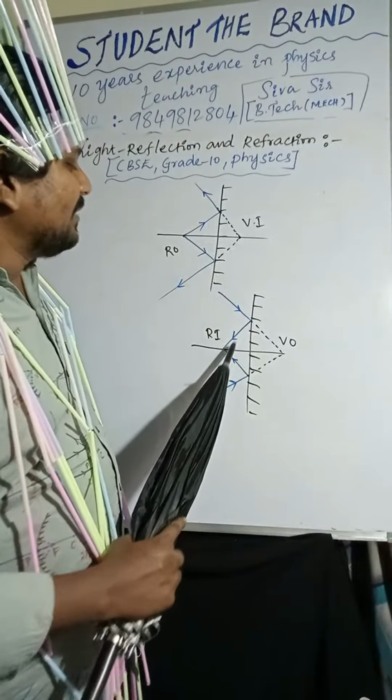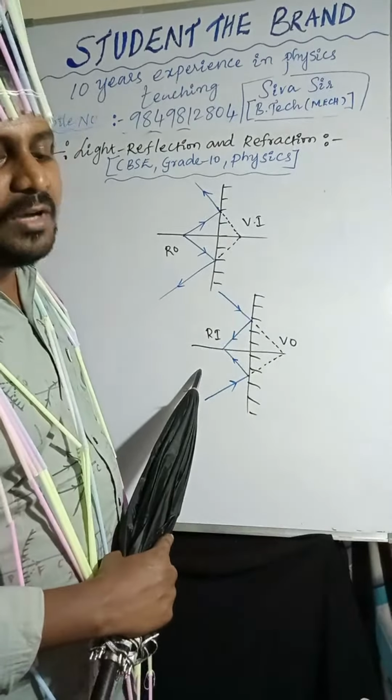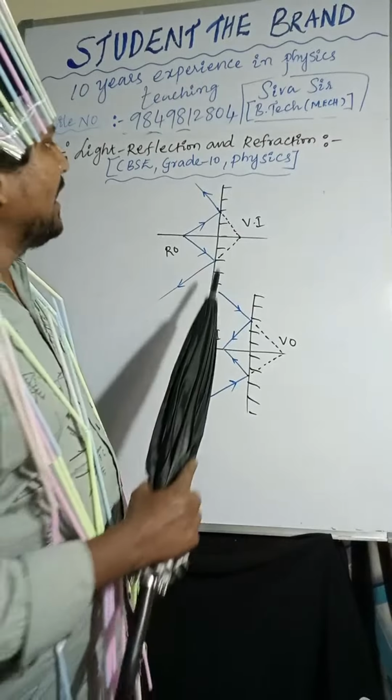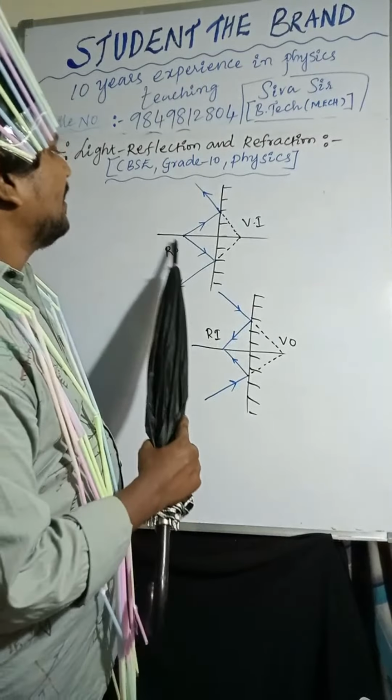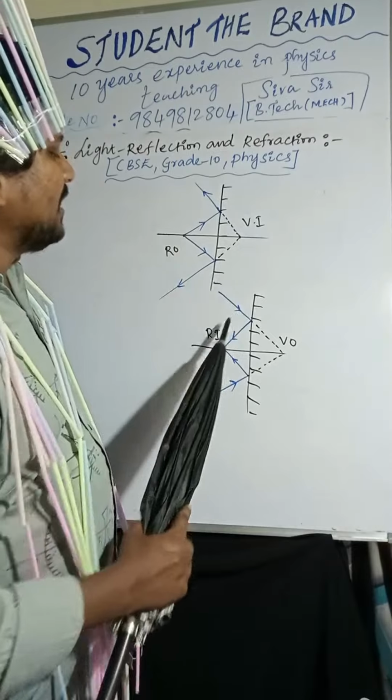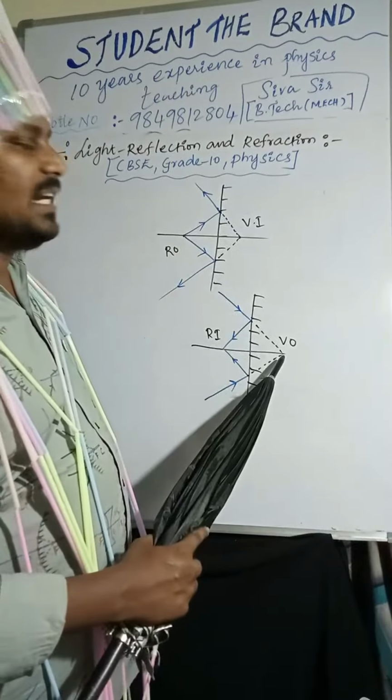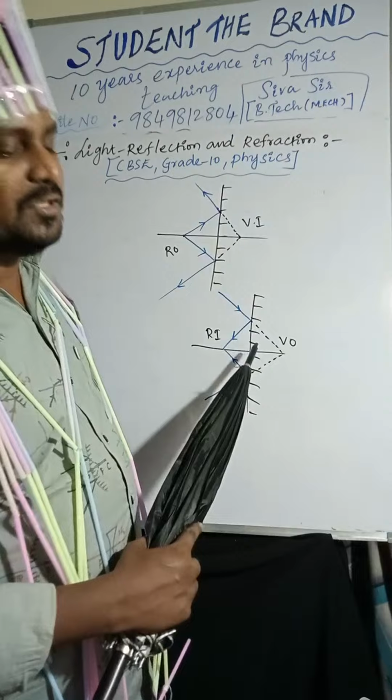Here the reflected light rays meet directly, and the image formed is a real image. From a real object, light rays come, and we extend the incident light rays; they meet at one point, giving a virtual object.